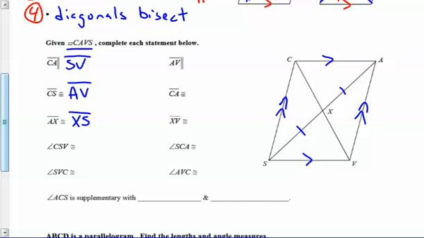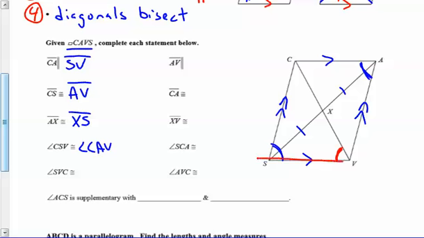Angle CVS is this little angle right here. I'm sorry. Read that again. It says angle CSV, so we're talking about this whole angle. That would have to be equal to this whole angle, which is angle CAV. And now we're talking about angle SVC, so we're talking about this little angle here.